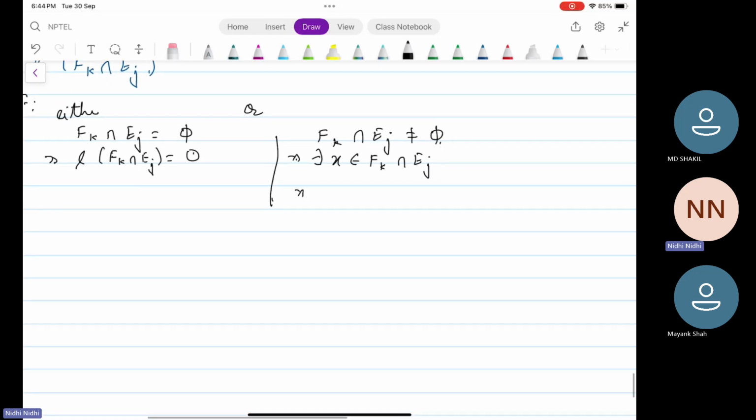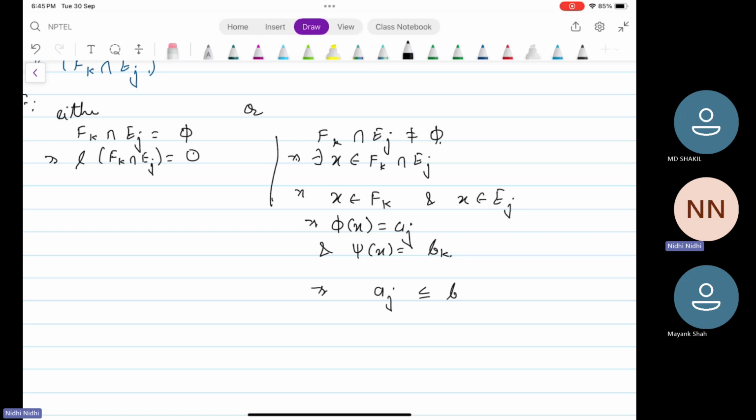That means x belongs to Fk and x belongs to Ej. In this case, phi(x) would be aj and xi(x) would be bk. Now this is a fixed x. We know that for every x, phi(x) is less than or equal to xi(x). That means aj is less than or equal to bk.